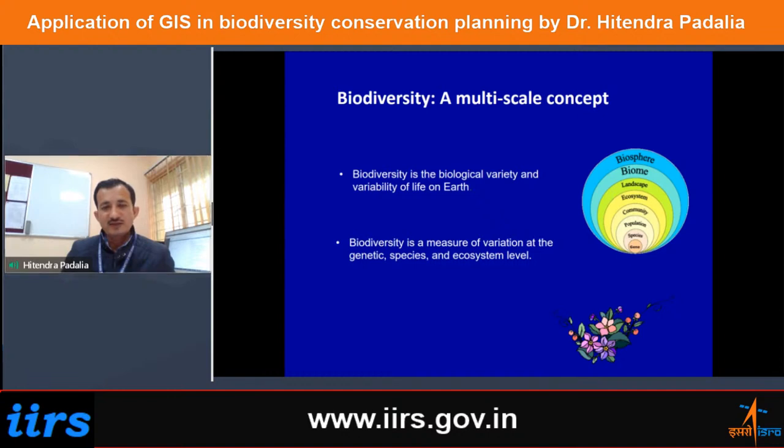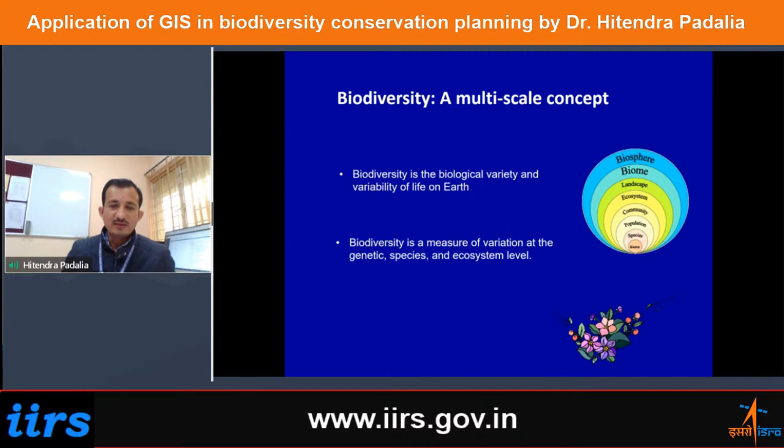Now, there are different ways of conserving biodiversity: in situ or ex situ. In situ means that you conserve biodiversity at the place where it exists. This is the most practical way of conserving biodiversity.